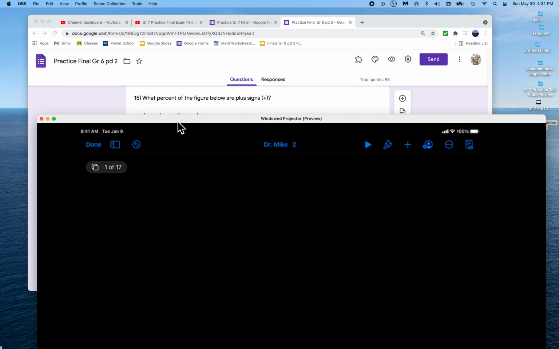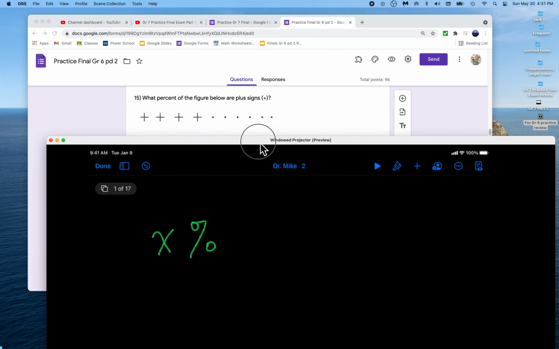Whenever you see words in math like what or how many, that's your unknown. That's what x is going to be. So if you see the words what percent, the first thing I would do is write down x percent. Okay, that's what we're trying to find. What percent of the figure are plus signs?